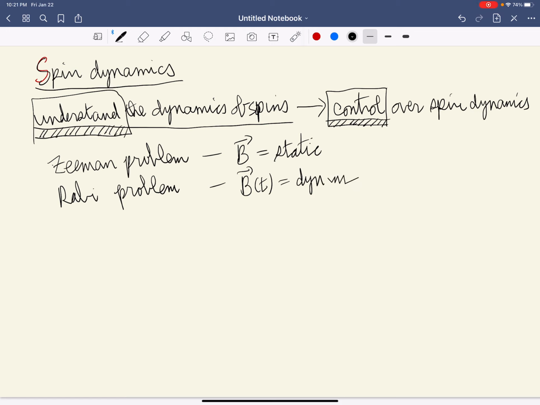Dynamic simply means that the magnetic field has a time dependent component, and in particular, we're going to be concerned with the case where the time dependence is harmonic. That is, it depends on time like a sine function.